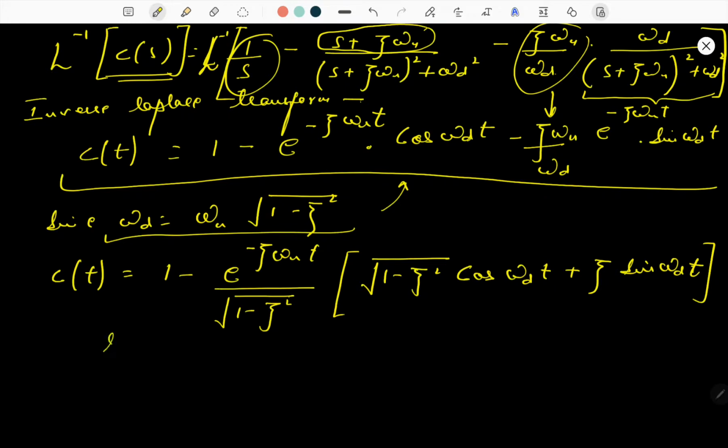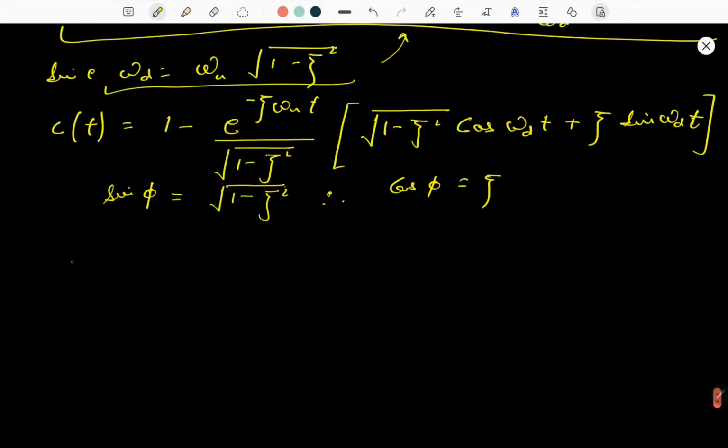So we are just going to put sine phi equal to under root of 1 minus zeta square. Therefore cos phi will become zeta. Okay, then c(t) will become what?